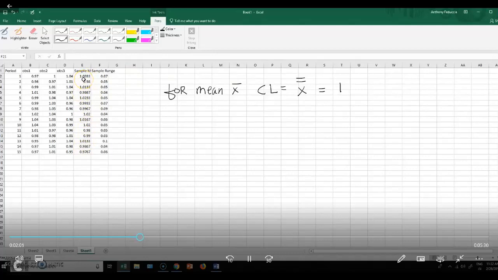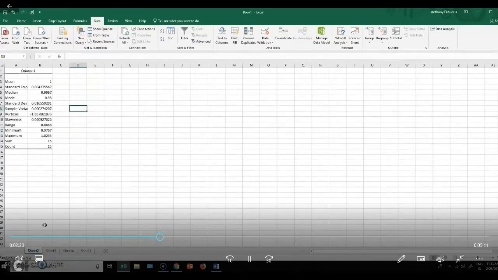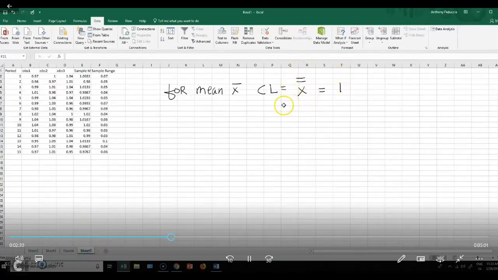And we could do it quite easily by going to data, as you know, and then over here to data analysis and putting in the sample mean column, and we will come up with an x double bar right here of 1. So that's what our x double bar is, 1. That's why I have that right here.